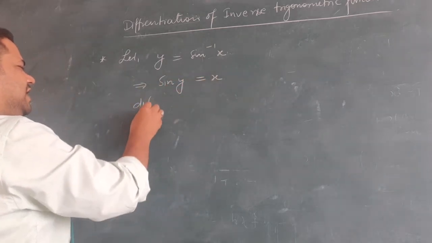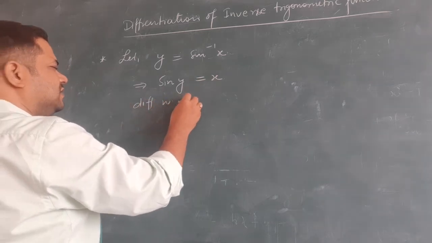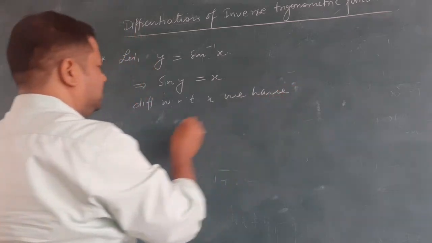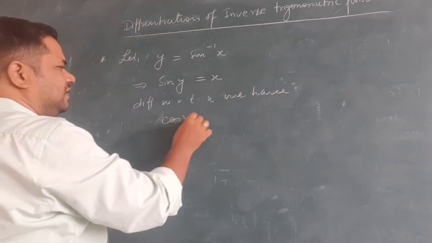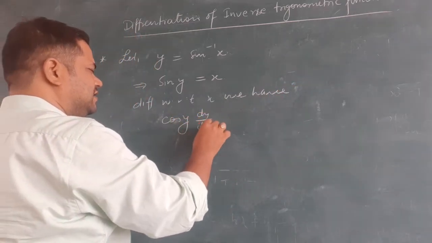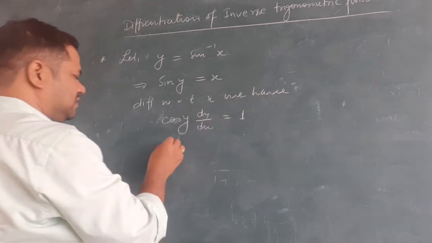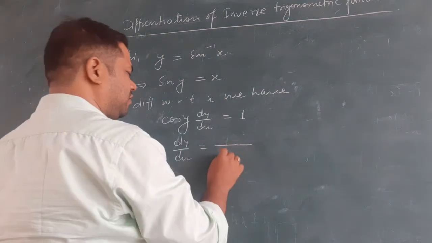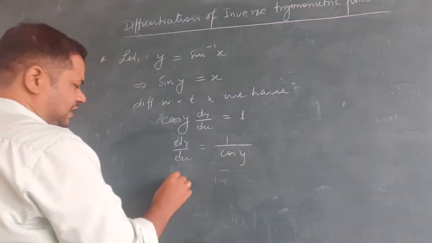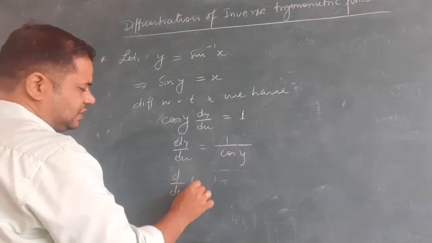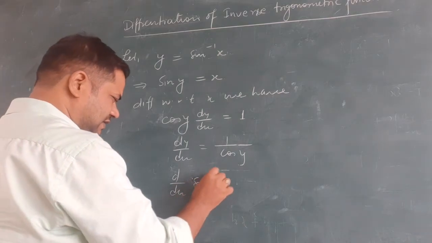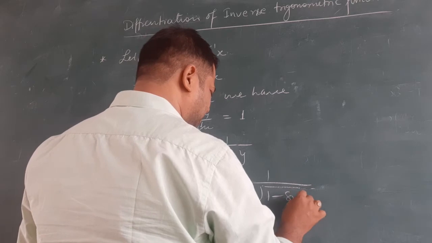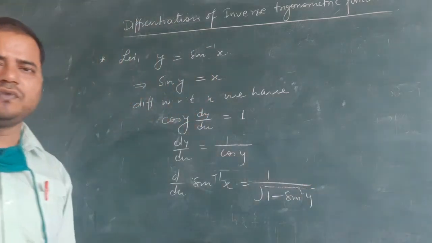Now differentiating with respect to x, we have cos y dy by dx is equal to 1. So dy by dx is nothing but 1 upon cos y. Here y is nothing but sine inverse x, and 1 upon cos y can be written as 1 upon root of 1 minus sine square y.